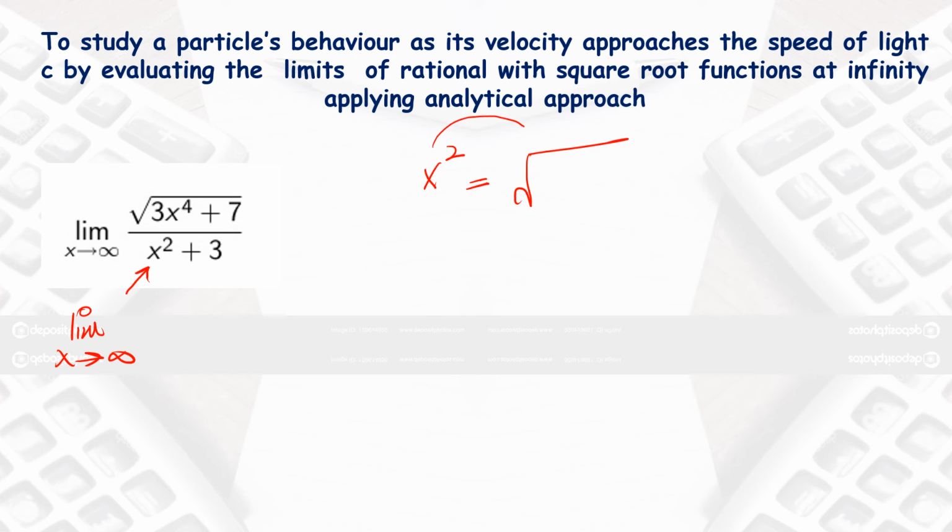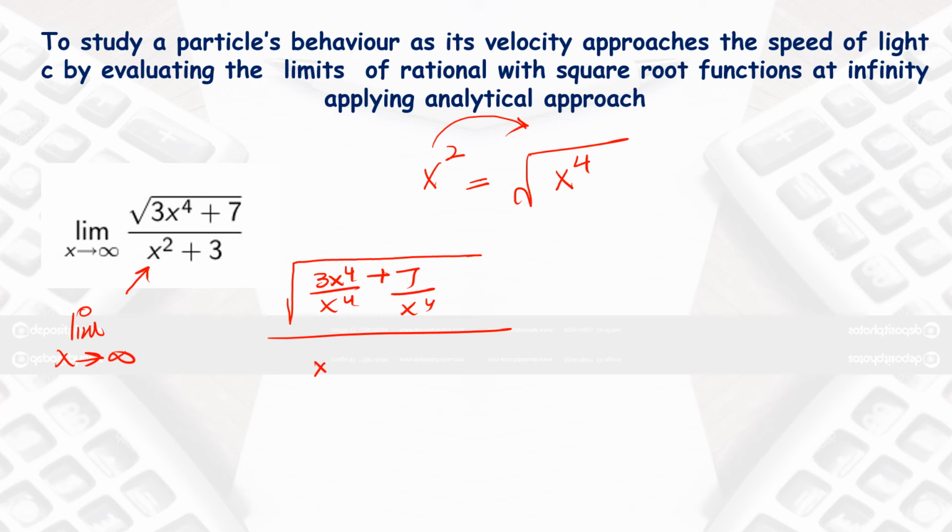So x square inside the square root can be written as x to the power 4. Now divide all the terms which are inside the square root by x to the power 4. But all the values that are without the square root will be divided by x square. So this is the basic idea you have to catch.